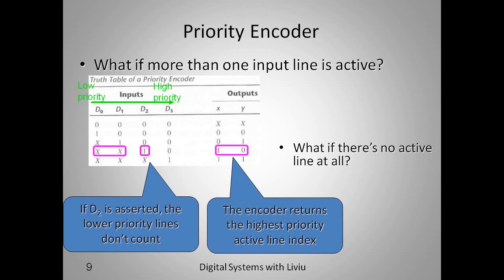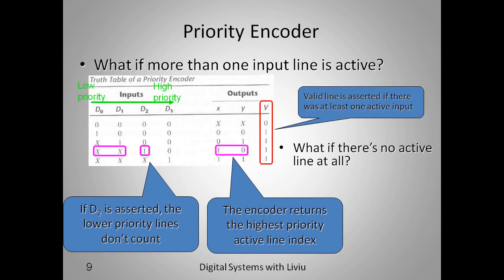Therefore, we don't really care about the output, but we have to indicate this special case. In this case, we have to use an extra output line, which is called V, valid line, and it is asserted only when an active input is asserted. When no inputs are active at all, then the V line will be 0.